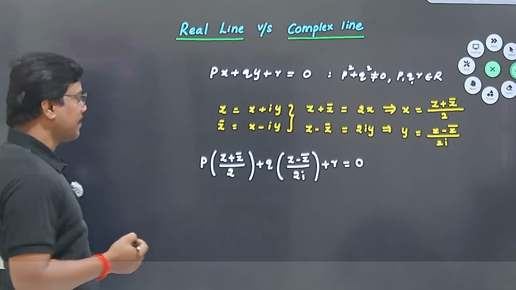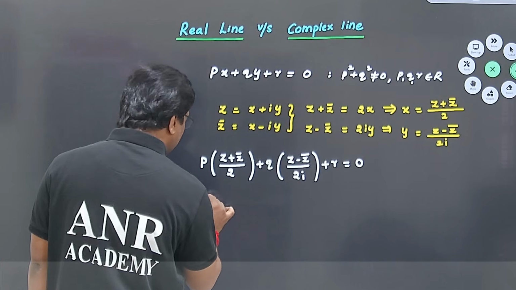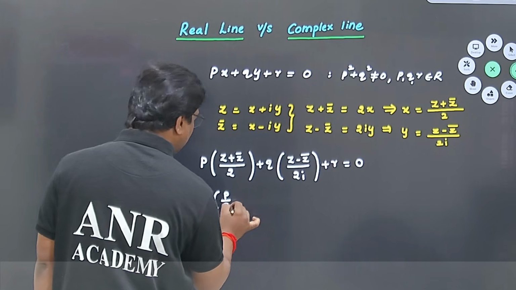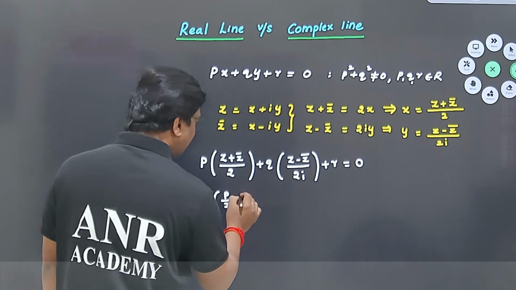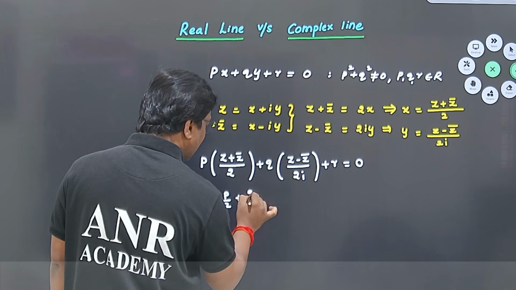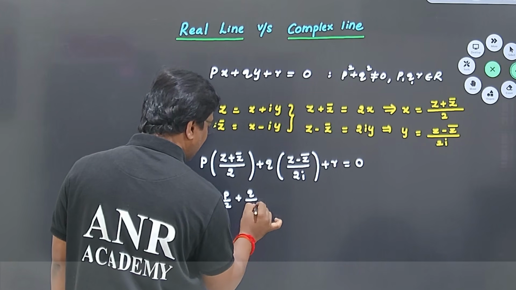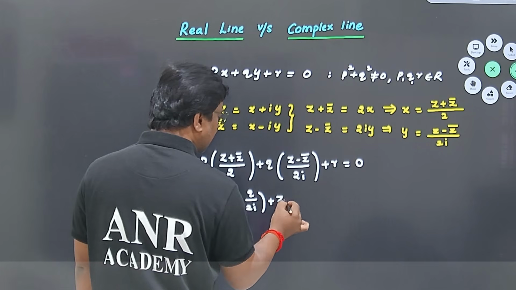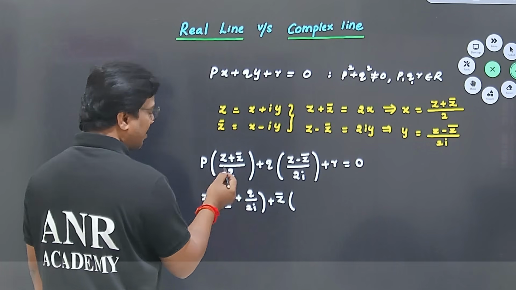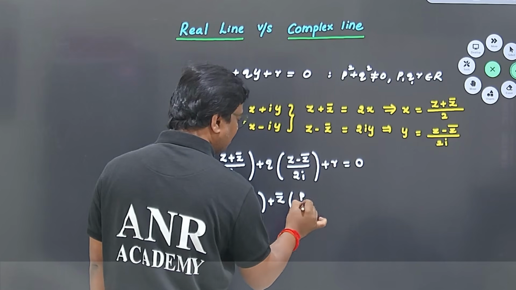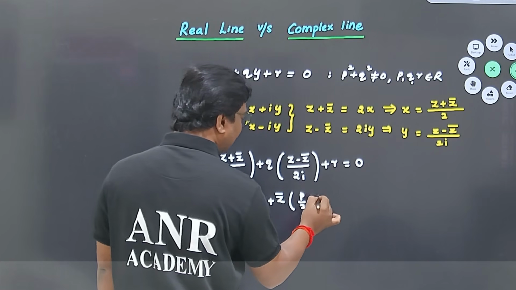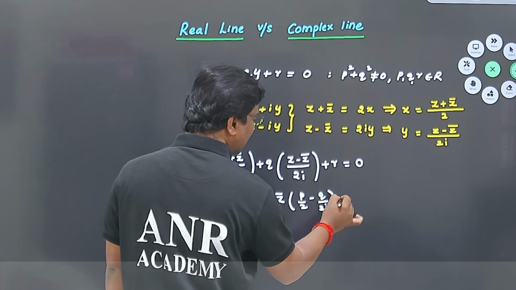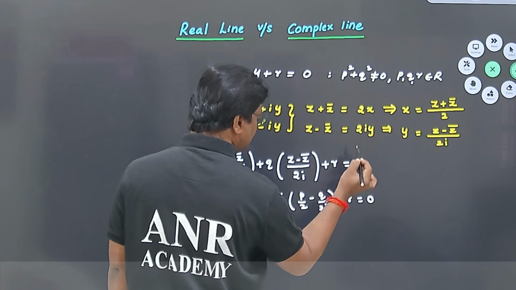Now if I take z common, then inside we get p by 2 and q divided by 2 times iota. Next, if I take z conjugate common, inside we get p by 2 and minus q divided by 2 times iota, plus r equal to 0.